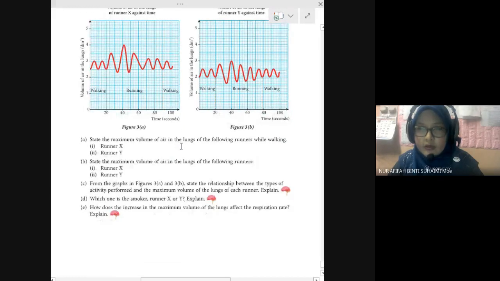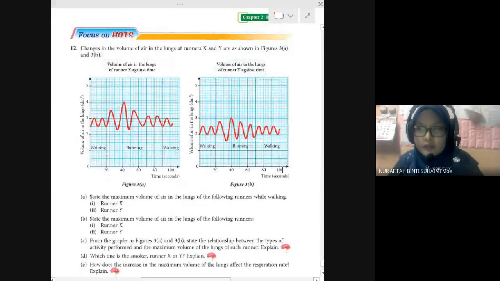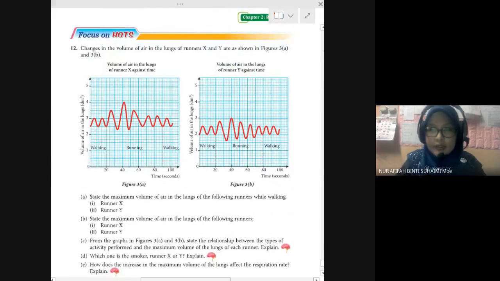State the maximum volume of air in the lungs of the following runners while walking. Runner X, runner Y. Okay. Alright. Ini tak payahlah.